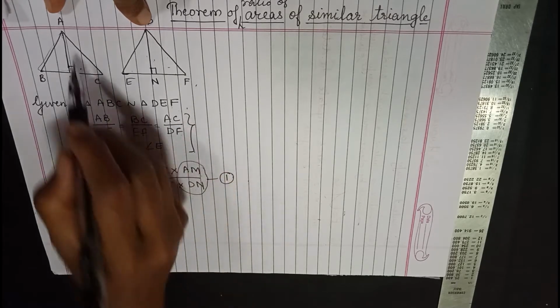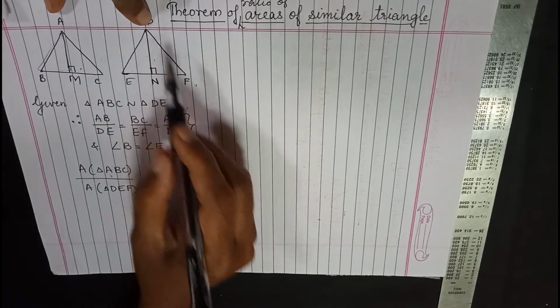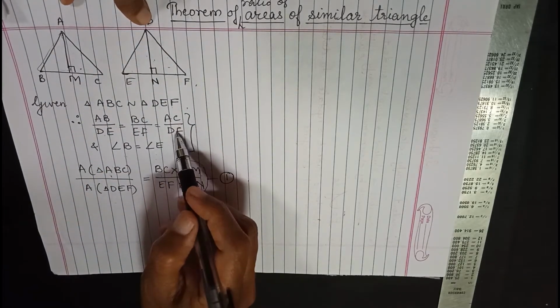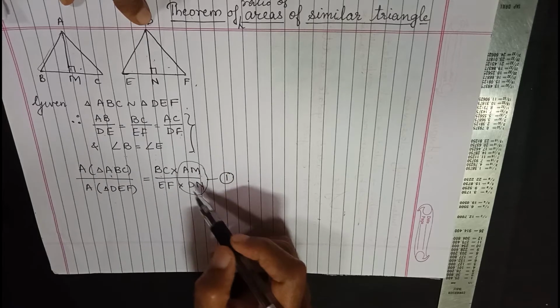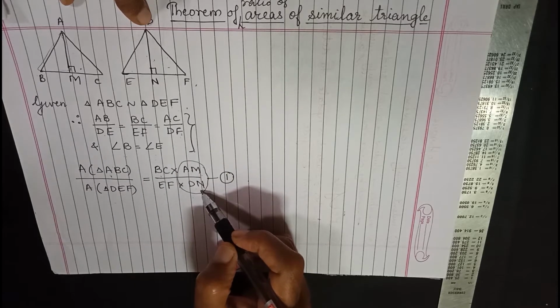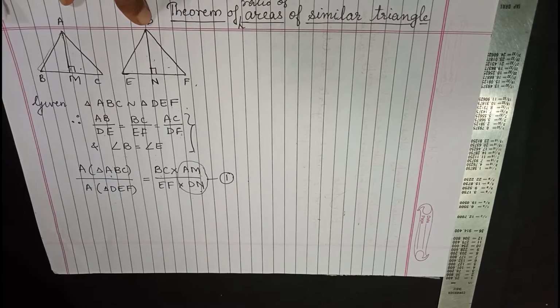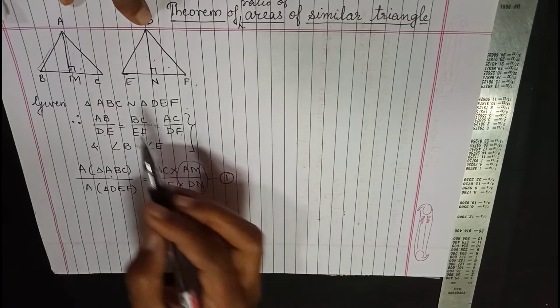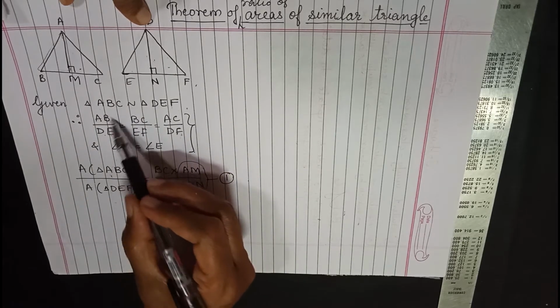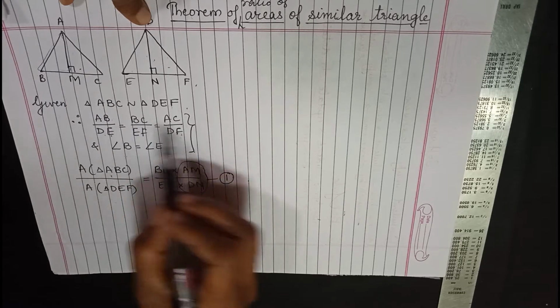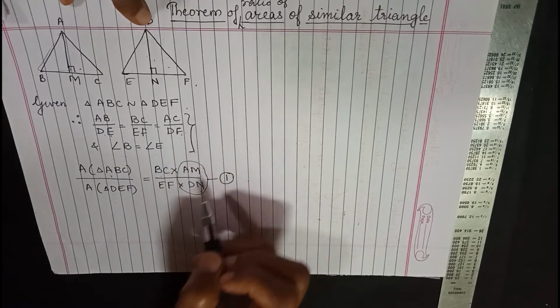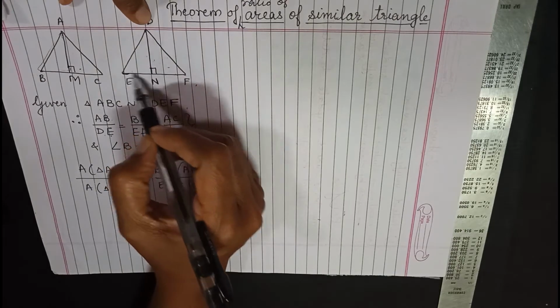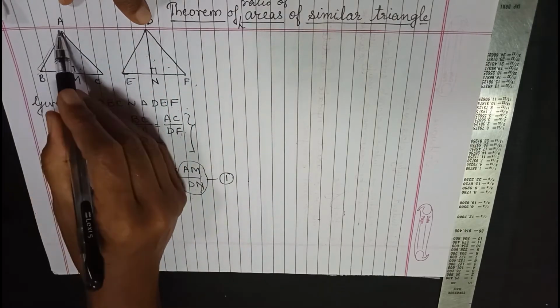In other words, if two triangles are similar, not only are their corresponding sides in the same ratio, but even the heights of the two triangles will be in the same ratio. That is, I will try to prove that AM upon DN is also equal to AB upon DE or any one of the ratios. How do we do that? By proving that these two small triangles are similar.